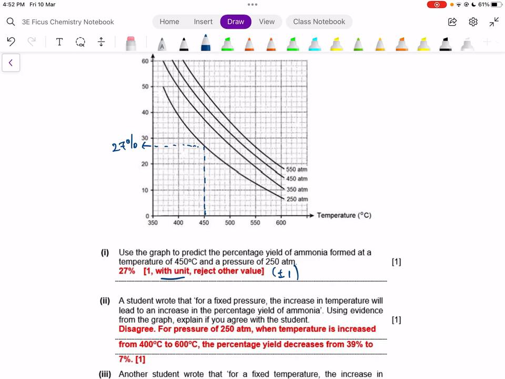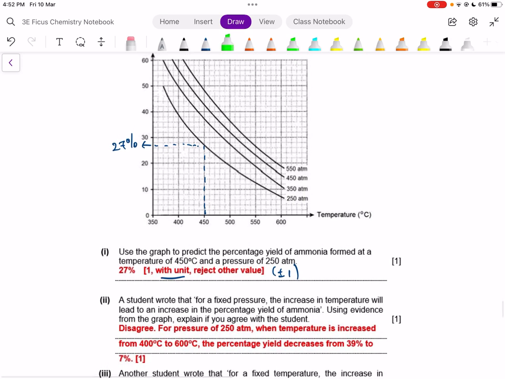Next one. You are told that at a fixed pressure, an increase in temperature leads to an increase in percentage. Then a very important thing: some of you use evidence, which means what? Quote data. Probably half of you didn't quote data. So many didn't quote data.